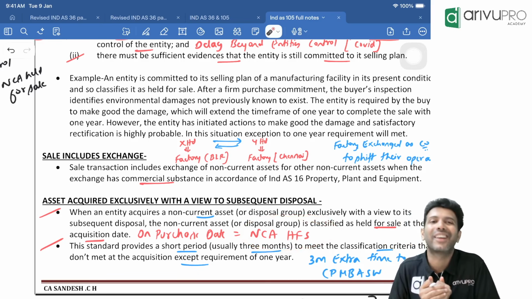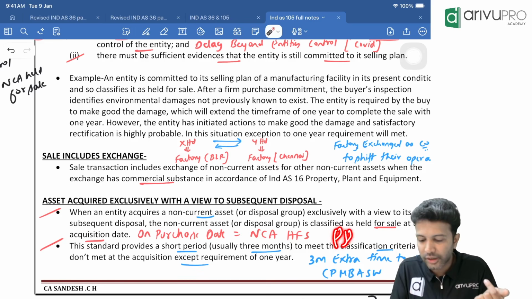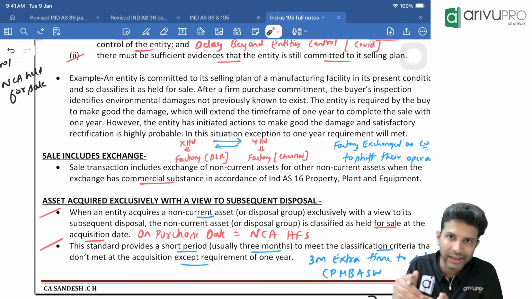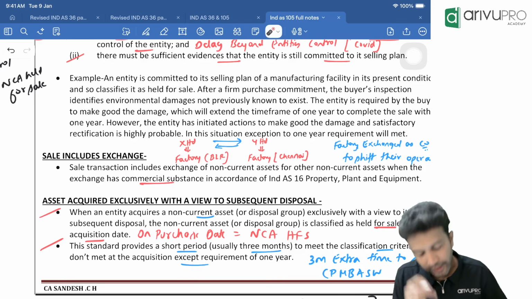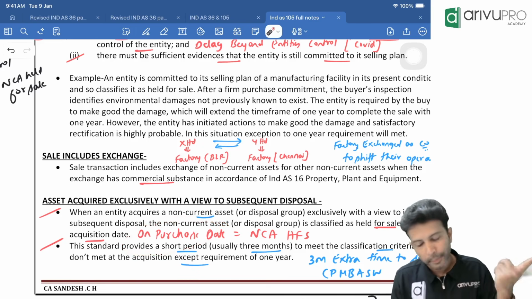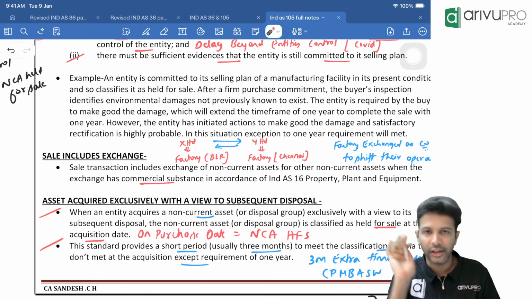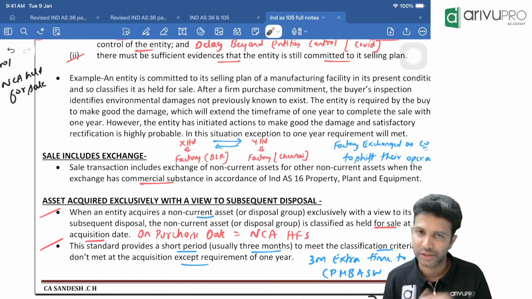Don't show it as a non-current asset. If it is a non-current asset, you will show it under PPE. So if your intention of buying itself is to sell it off immediately, then on the purchase date only, you classify this asset as non-current assets held for sale and apply Ind AS 105 provisions.